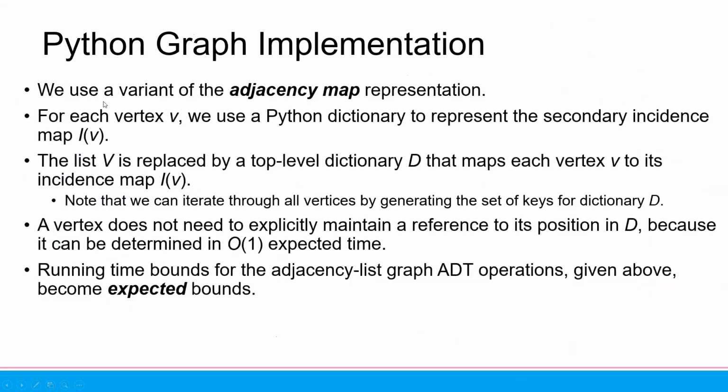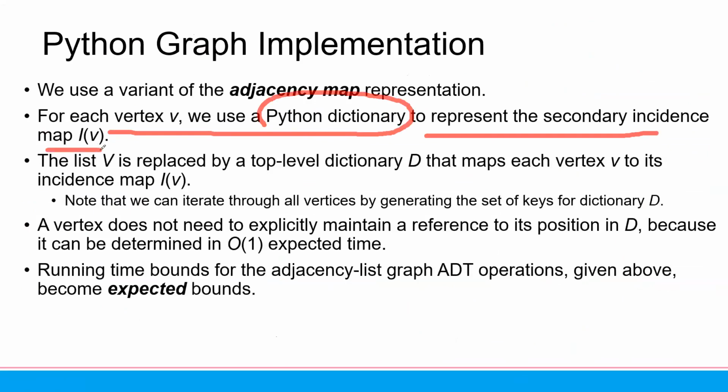So in the Python graph, maybe I will give you an example later. In the book, they mentioned that they are using the adjacency map representation. So we can use the Python dictionary to represent the secondary incidence map I(v). So the list V is replaced by a top-level dictionary that maps each vertex v to its incident map I(v).